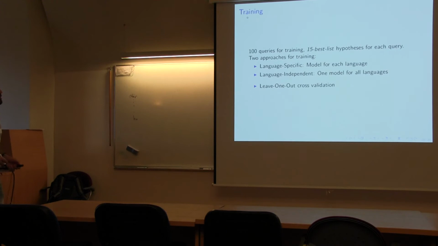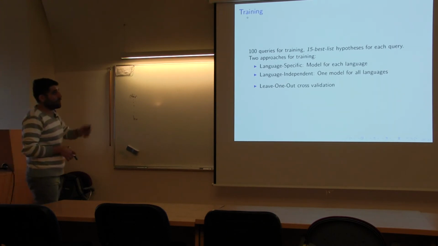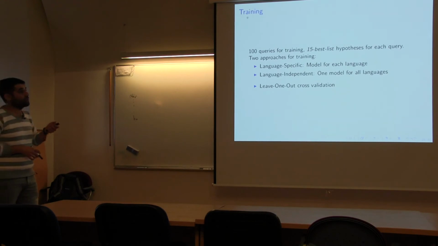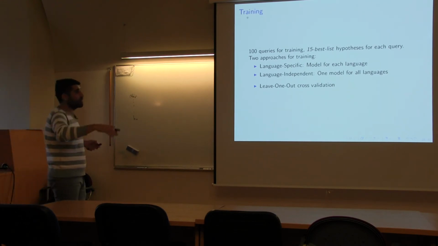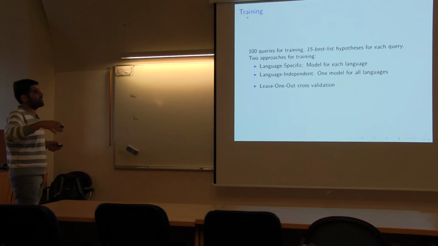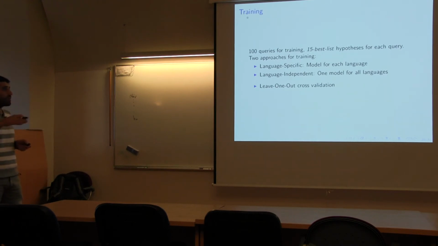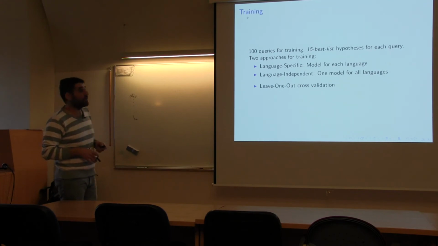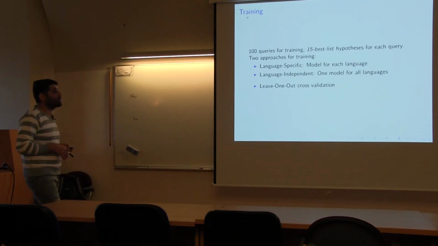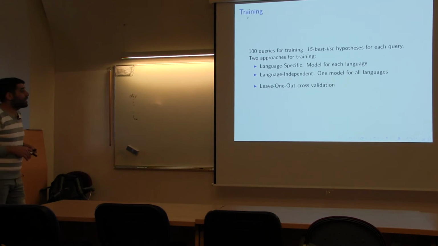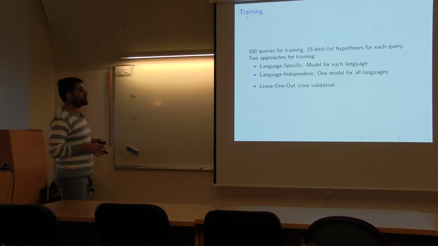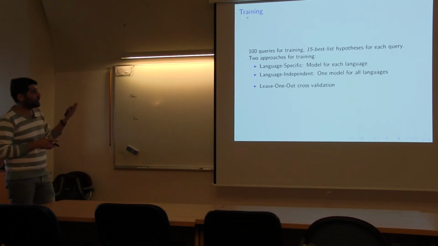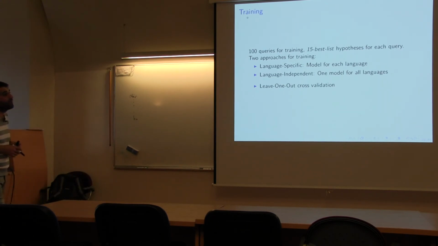For training, we used 100 queries. I showed you 20 hypotheses just as a representation of the distribution. But after some tuning, we used only 15 alternative translations for each query, and we followed two approaches. First, we created a model for each language. We call it the language-specific model.